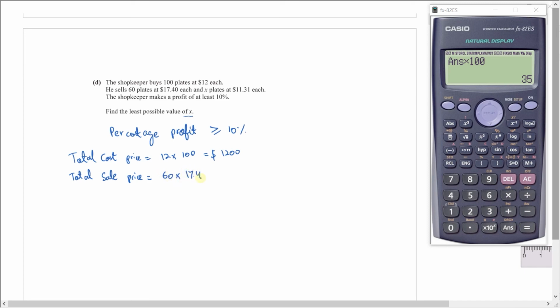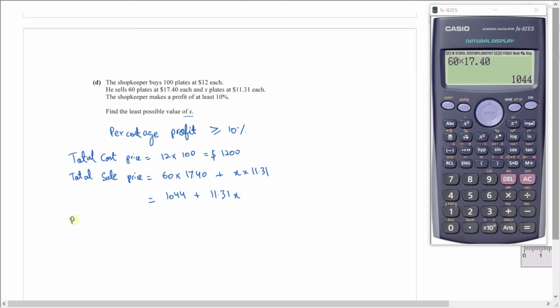So 60 into 17.40 plus he sold X plates at 11.31. So X into 11.31. So 60 into 17.40 is 1044 plus 11.31X. So this is his total sale price.